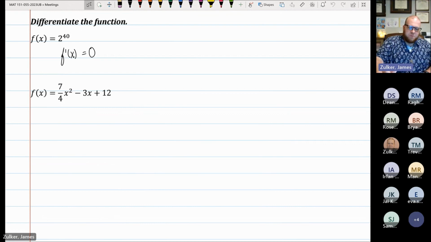Okay, so what about 7/4 x squared minus 3x plus 12? What the sum difference rule allows us to do is just go term by term. Right, so we're going to start with 7/4 x squared. Well, that's a scalar multiple.